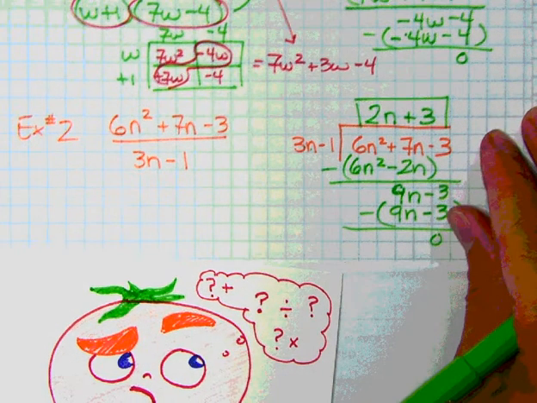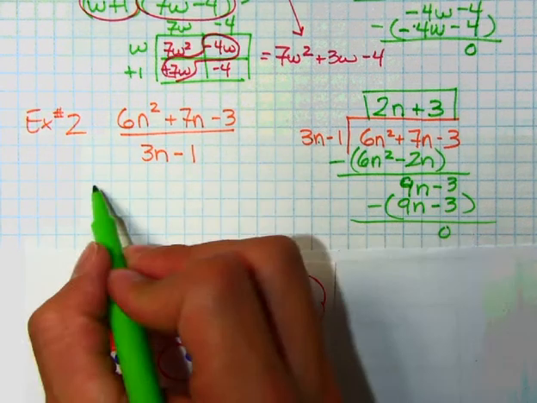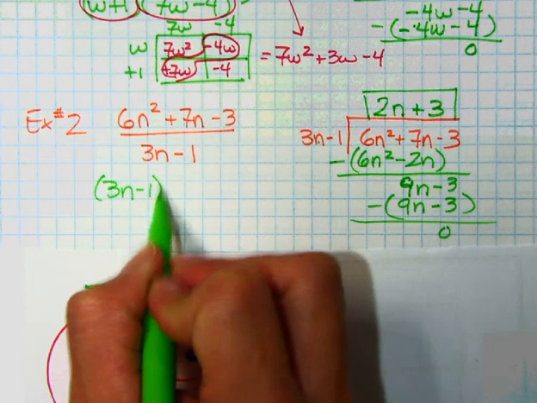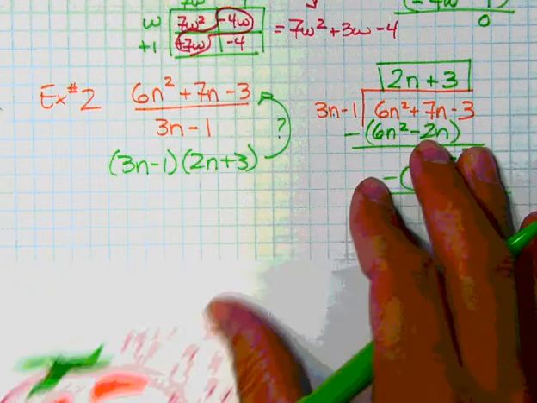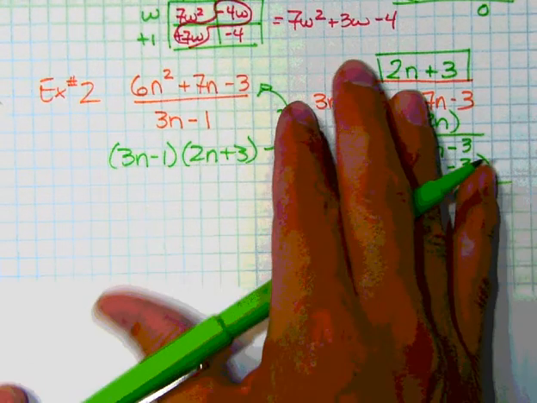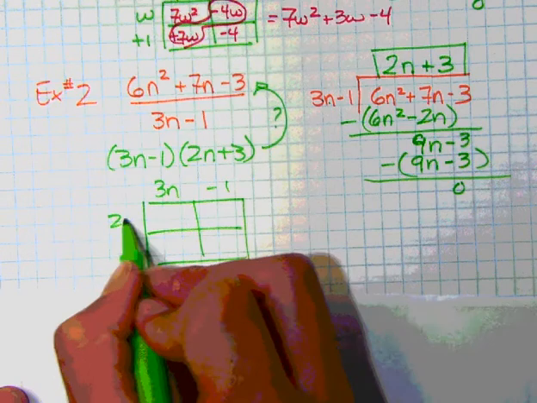I can double check my work very quickly and see, does 3n minus 1 times 2n plus 3, does that product equal that top part? That's how I'm going to check my work. So let's move him over here and try this one out. Make a 2 by 2. 3n minus 1, 2n plus 3.